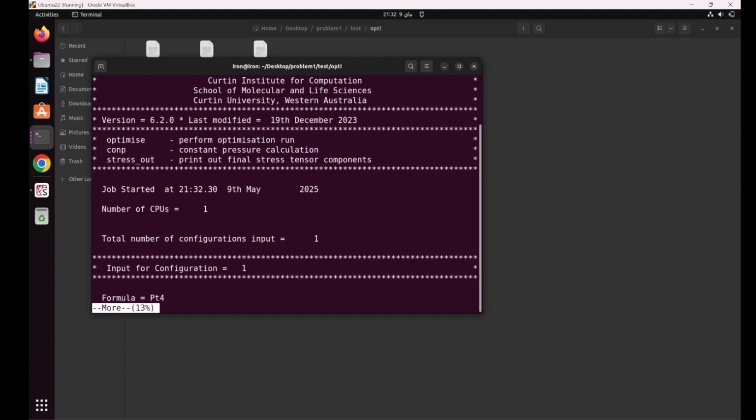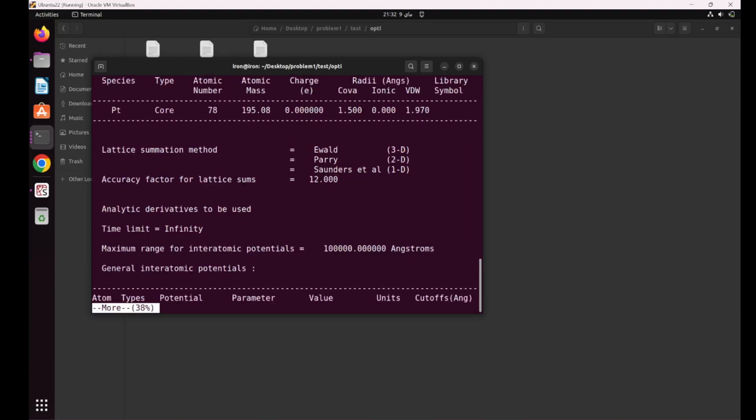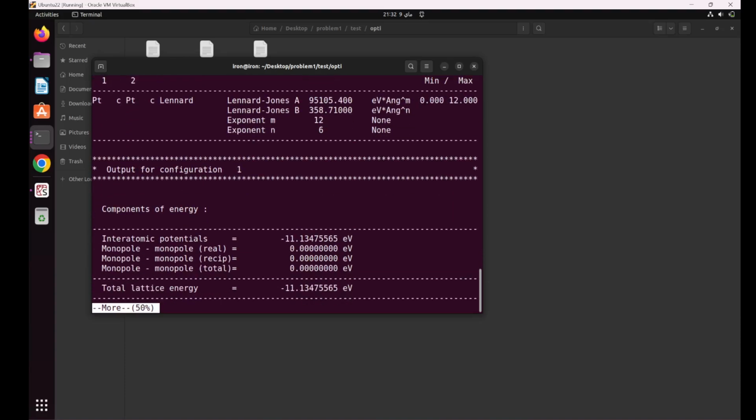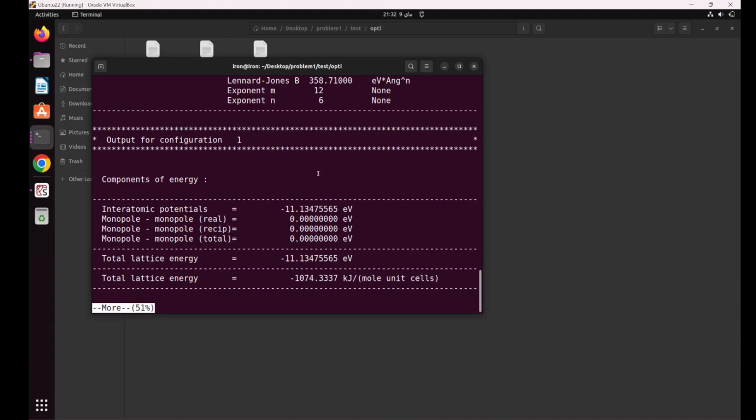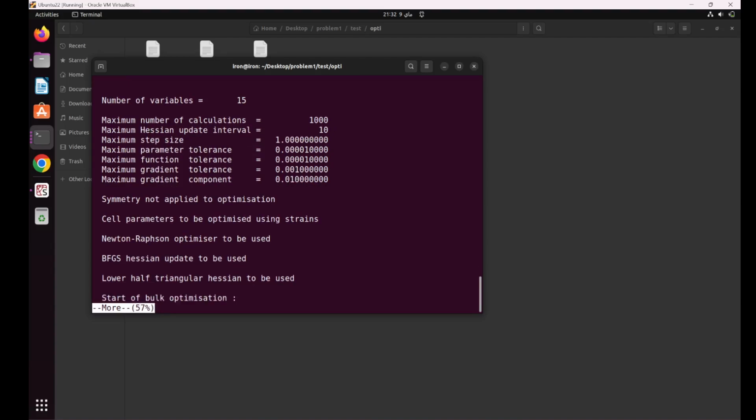Well, the first few lines are the same. Pretty much nothing has changed. So let's jump right away. Yeah, that was also the initial energy that we have seen in the previous video. But let's see what happened when the optimization starts.